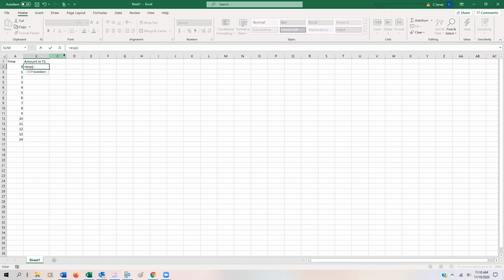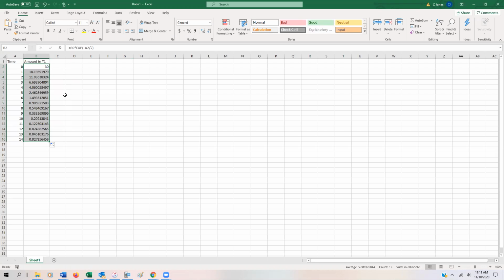So in this case, it's going to be A2 divided by 2, and it was 30 times that. All right, so at time 0, there were 30 pounds. After 1 minute, there's 18 pounds. After 2 minutes, 11 pounds. After 3 minutes, about 7 pounds. After 4 minutes, 4 pounds. 5 minutes, 2.5 pounds, etc.